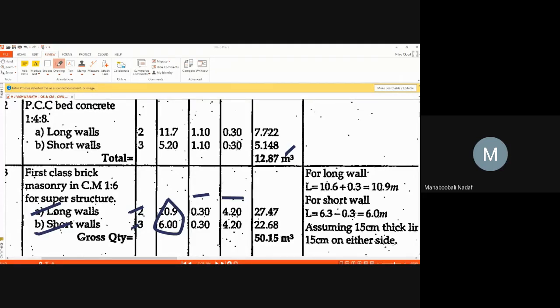Teju Pattar, madam, can you tell me? Yes, sir. Width is 0.3, height is 4.2. You are referring to the cross section? Yes, sir. Okay, Somu Vader, sir, please tell me the width and height of this brick wall.